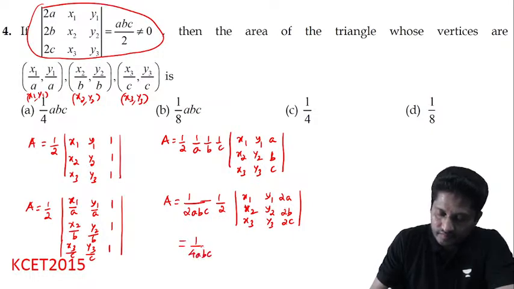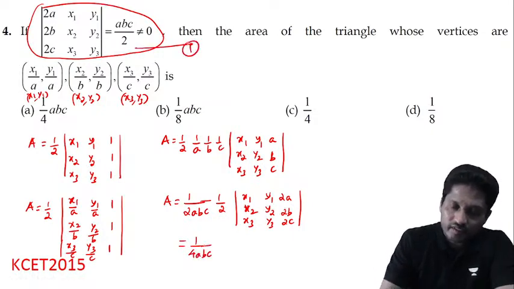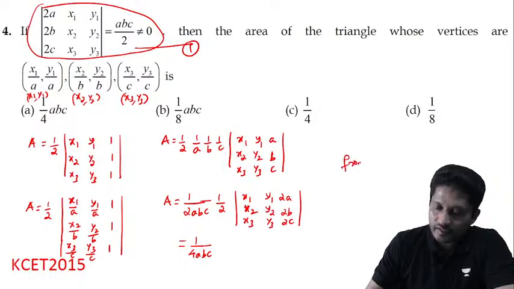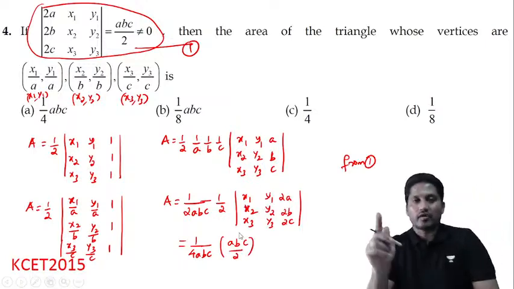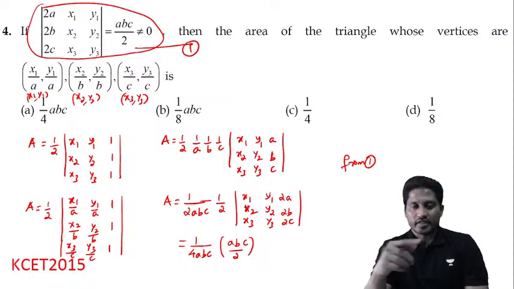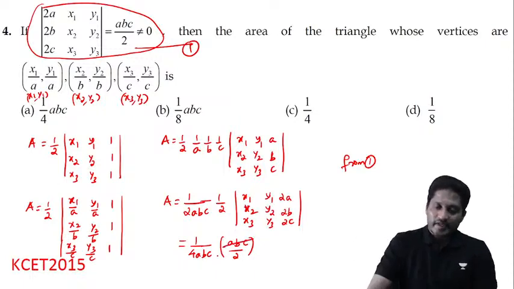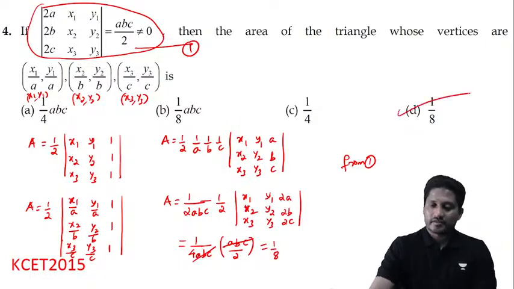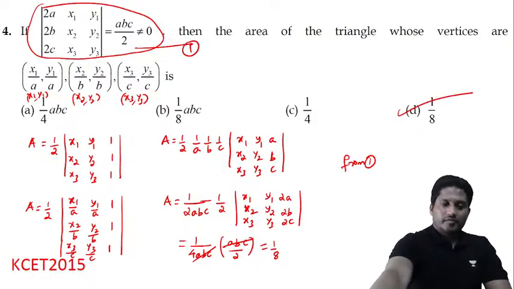Okay, and if I use equation 1, the determinant value will be equal to abc by 2. Right? Don't worry about the column arrangement. You can use the properties of determinants and bring it to that form. I'm going to cancel abc. Left out is 1 by 8. Answer is option D. Let's move to the next question.